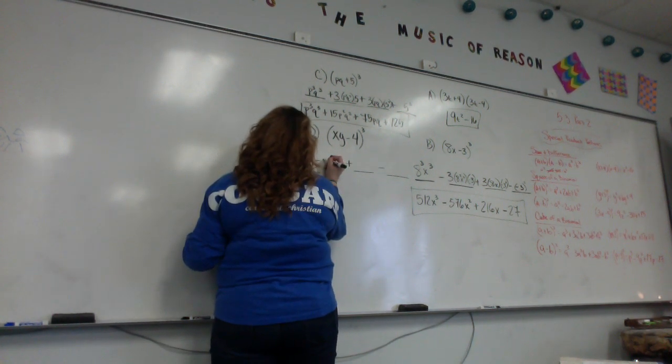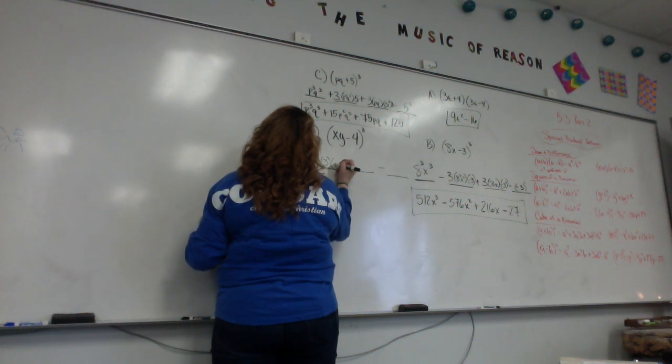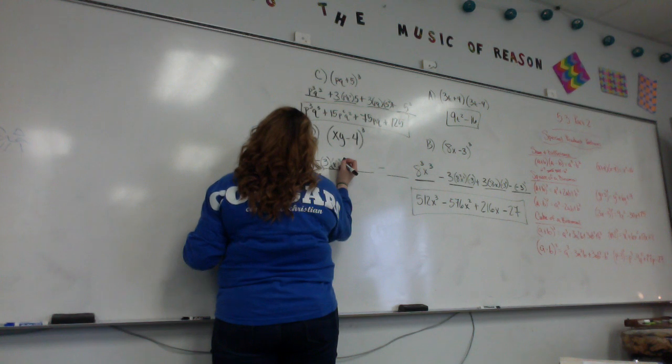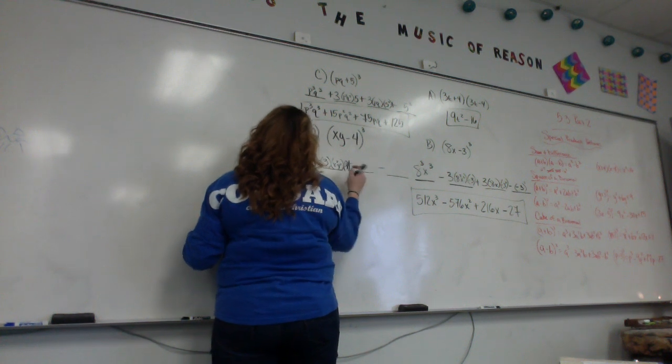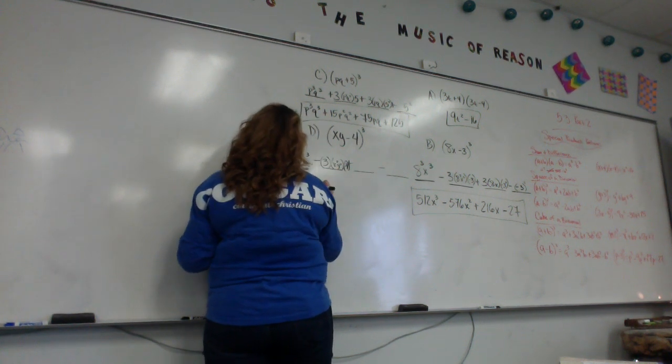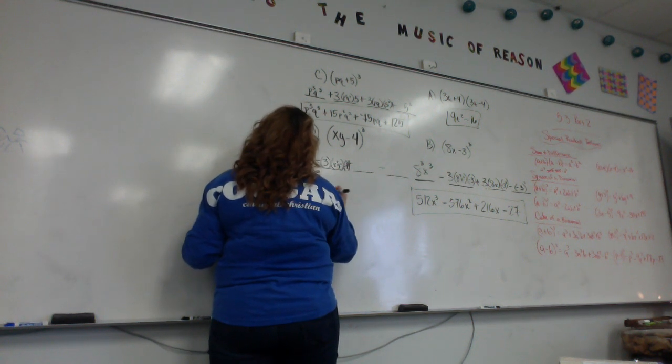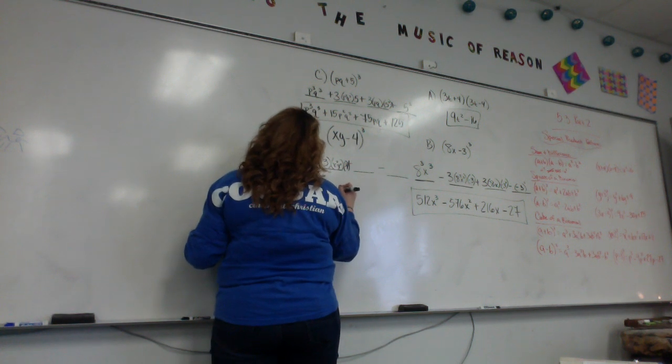What do I start with? -3. Yeah, 3 times what? X squared, Y squared, and then times what? -4. -4 times 3 is what? So I get -12 X squared Y.